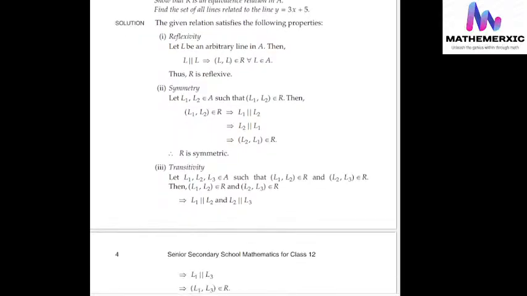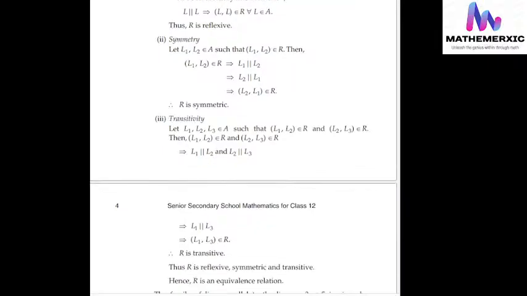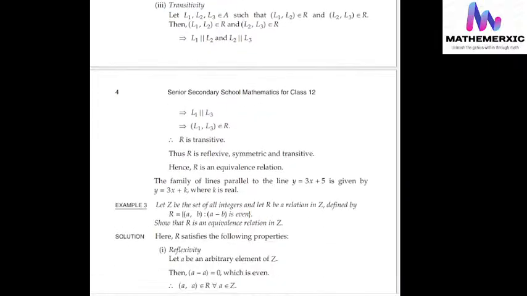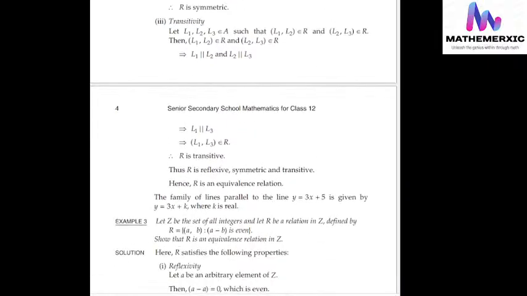Transitivity: let L1, L2, L3 belong to A, such that (L1, L2) belongs to R and (L2, L3) belongs to R. So L1 is parallel to L2 and L2 is parallel to L3. It's obvious that L1 is parallel to L3.